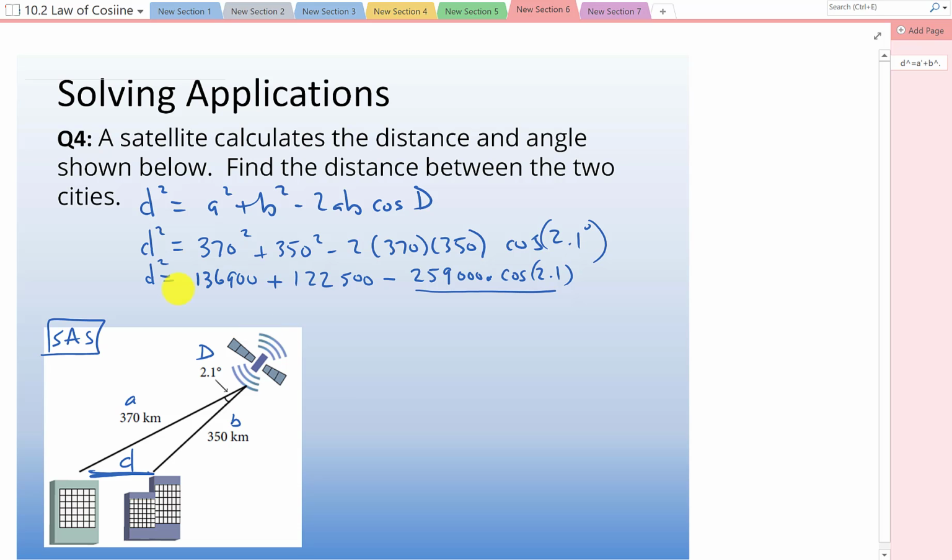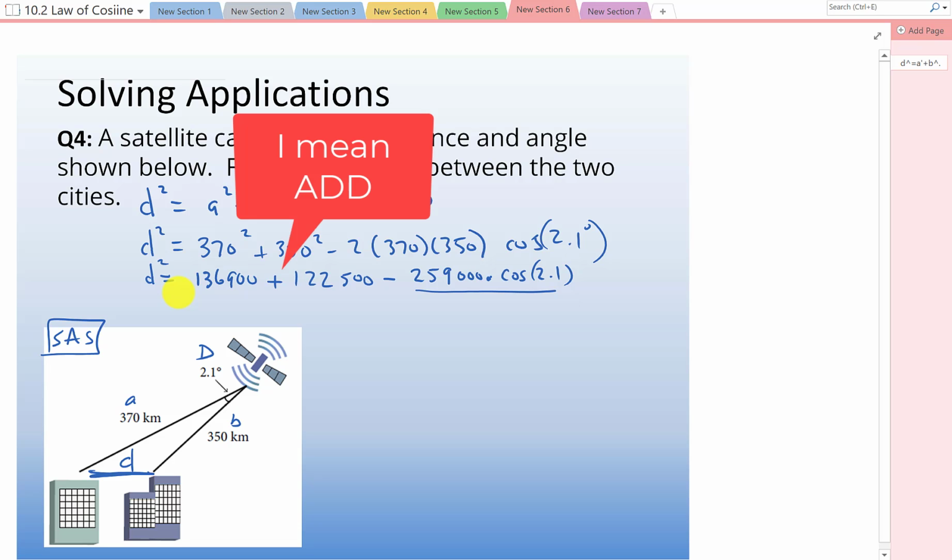And so we could clean this up a little bit. I'm going to add these first two numbers that are like terms. They're just constants, so I can just add those numbers.